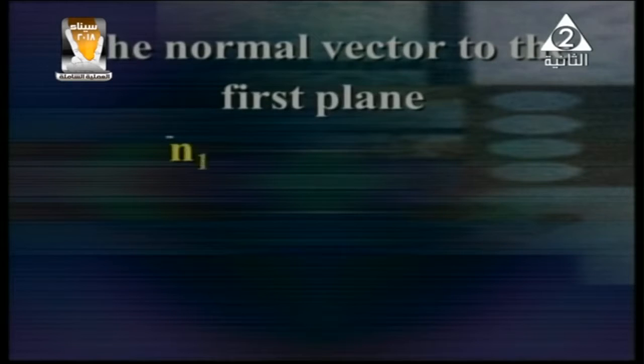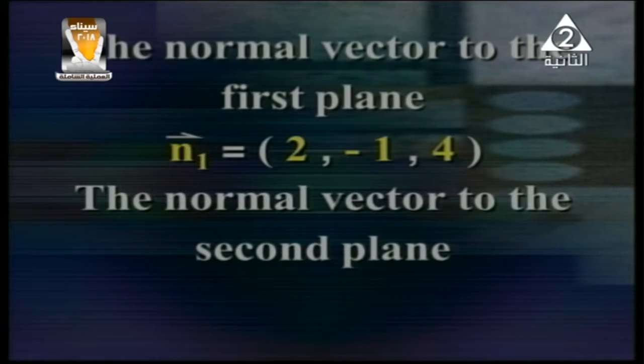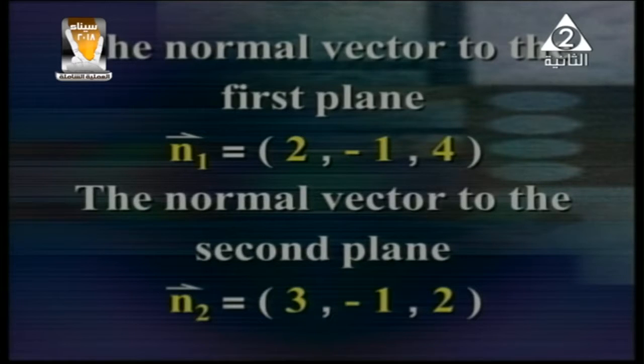The normal vector to the first plane is N1 = (2, -1, 4). The normal vector to the second plane is N2, the coefficients of x, y, z are (3, -1, 2). Then we find the measure of the angle between N1 and N2. This is the measure of the angle between the two planes.